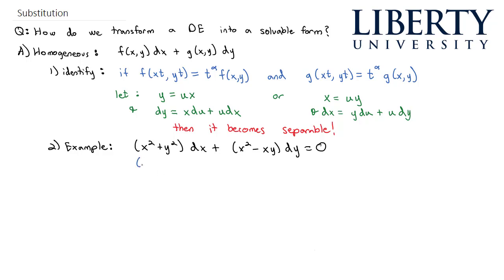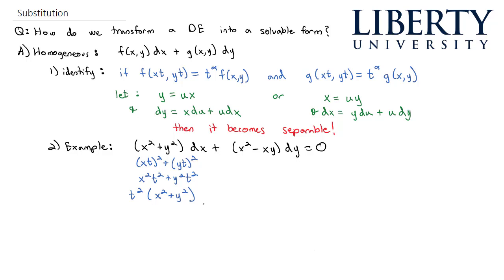The way we do that is we replace the x with xt and the y with yt, and see if we can pull out the t's to get the original expression. Sure enough, here we get x squared t squared plus y squared t squared. Factor out the t squared, and we get the original function x squared plus y squared.